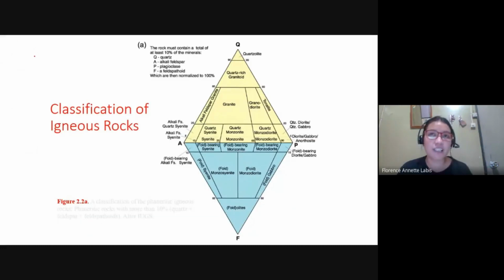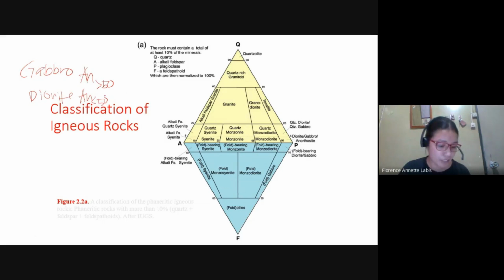So in the Bowen's reaction series, diorite crystallizes later compared with gabbro. So you would expect that gabbro has higher anorthite content. It says here in my notes that gabbro has anorthite content of 50 or greater, and diorite has less than 50 anorthite content.